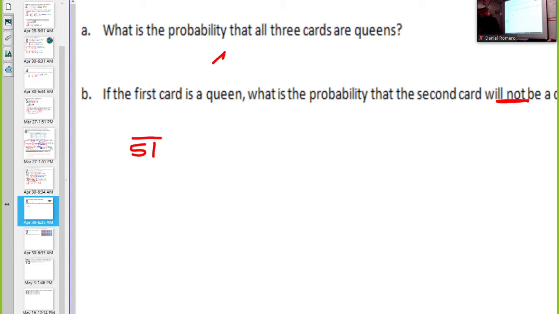And how do you write 100% as a decimal? 1. It's just 1. It's 1 whole. Okay. So what I could do is calculate what a queen would be. There's 3 queens out of 51, but then you can just do 1 minus that, and that would give you whatever's left over.